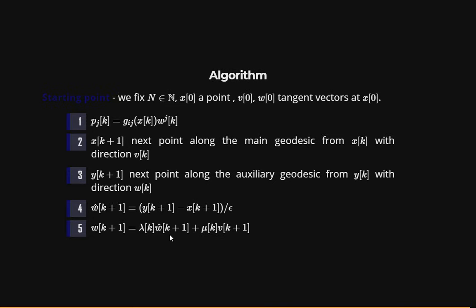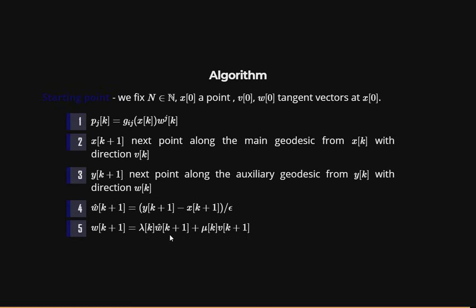So these operations are heavy ones. Usually, you hope to have a closed form for the metric and the inverse metric, and you are left with solving a linear system, which is the only really computationally interesting step in this algorithm, but luckily, it's not too heavy.